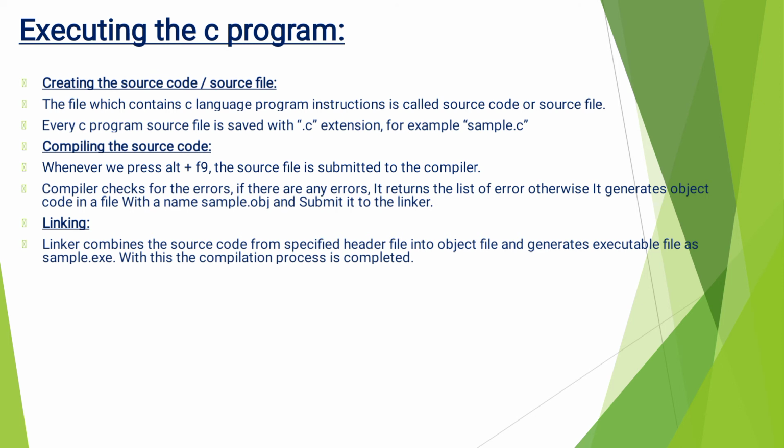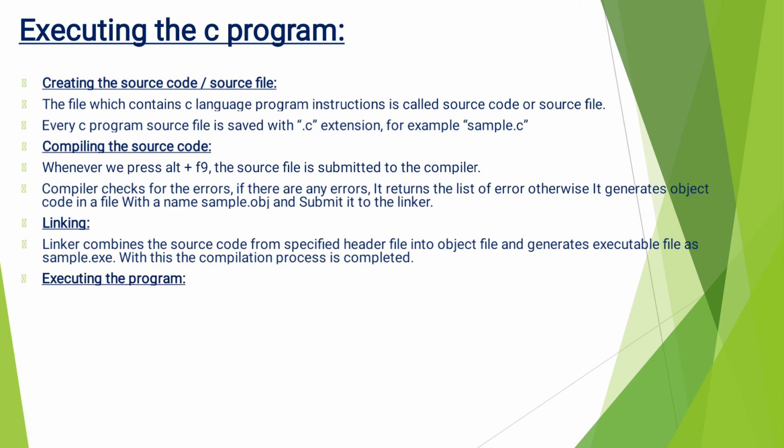Whatever header files we include in our program are linked into our object file, and it generates the executable file sample.exe. Our sample.obj becomes sample.exe, the executable file. At this point, the compilation process is completed.